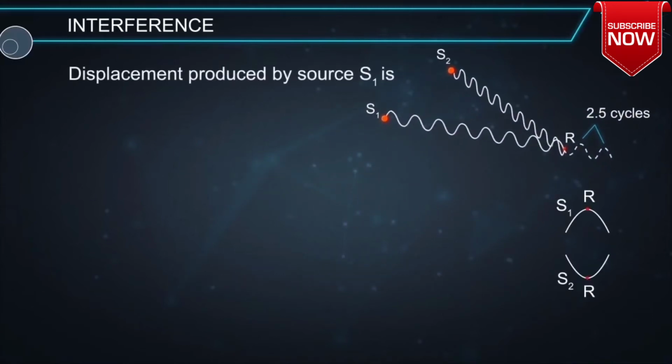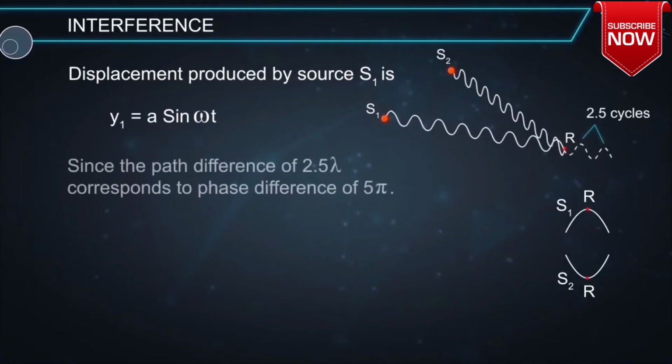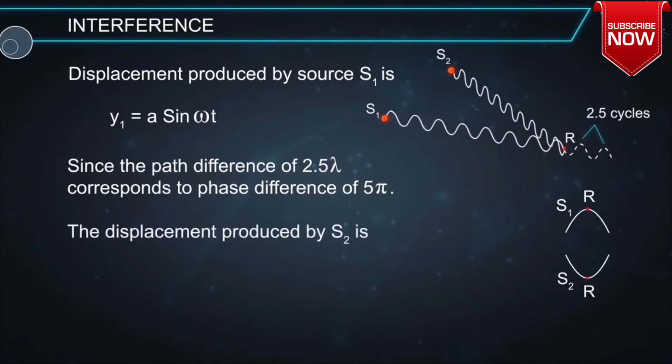If displacement produced by the source S1 is given by y1 is equal to a sin omega t, since the path difference of 2.5 lambda corresponds to a phase difference of 5 pi, the displacement produced by S2 will be given by y2 is equal to a sin of omega t minus 5 pi.